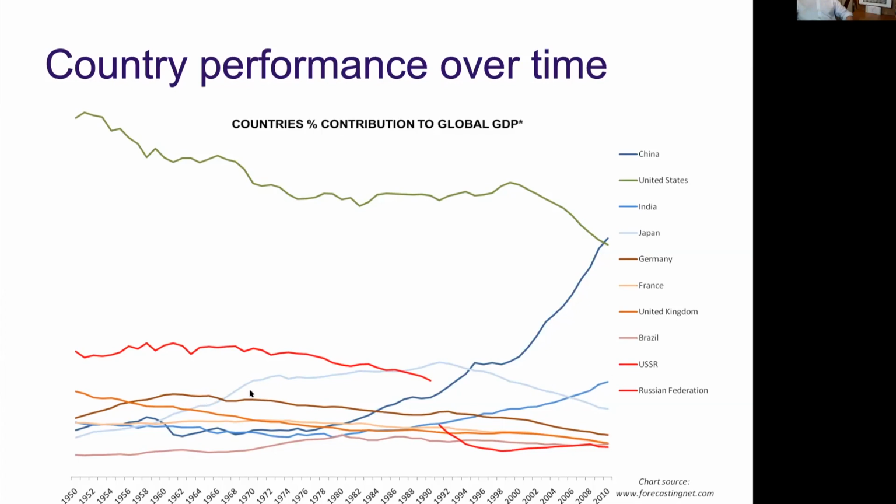At the same time, we had a peak of Japan, which is leading into a decline in the last 20 years so far. And here again, on a much lower level, we have European countries like Germany, France, United Kingdom, etc.